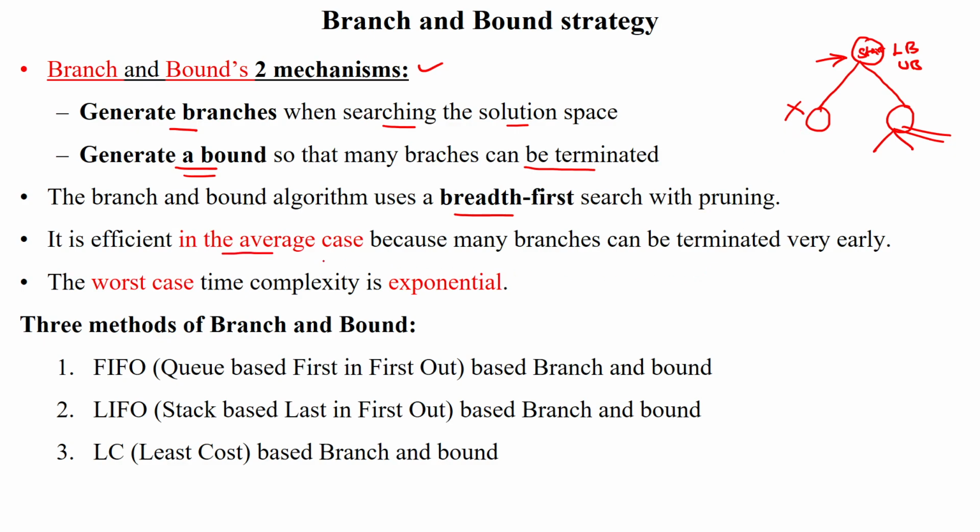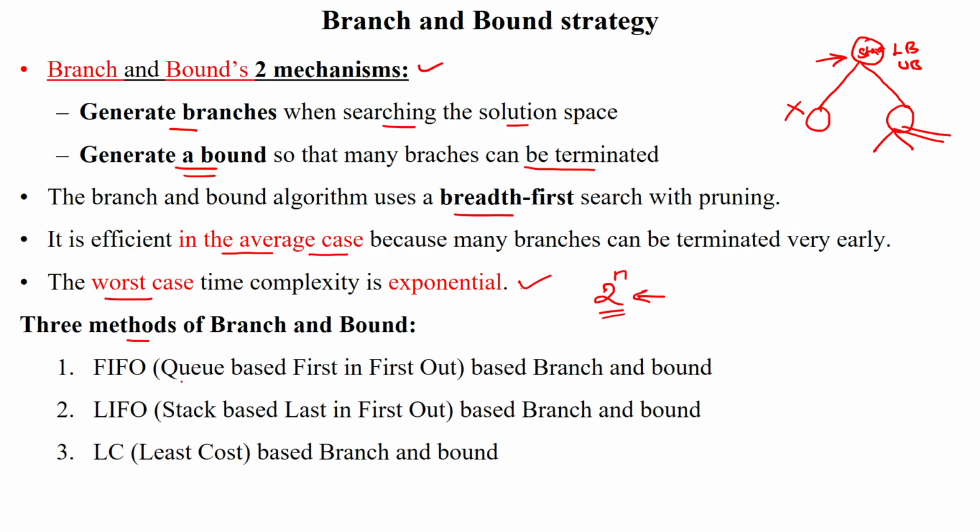That's why it provides the optimal solution with average case time complexity. But the worst case time complexity is exponential. That is, your solution may be available in 2 power n, or depending upon the problem statement, this base value will change.